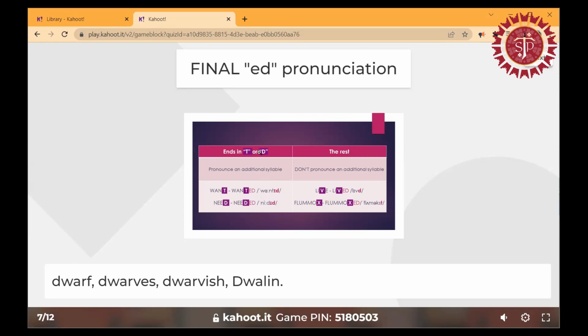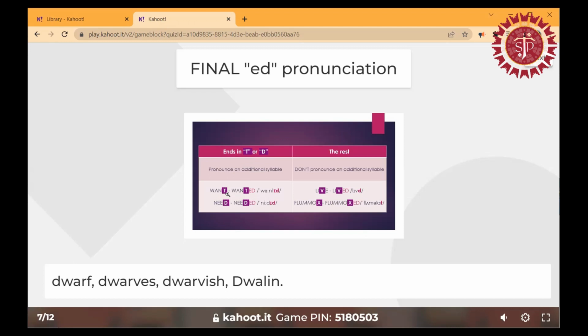So the T and the D are the same sound, except that the T is voiceless and the D is voiced. So when we have these two sounds in basically the same position of the mouth, we need to add a syllable.